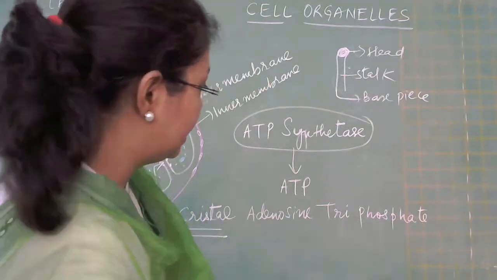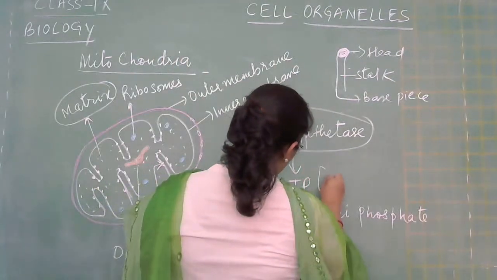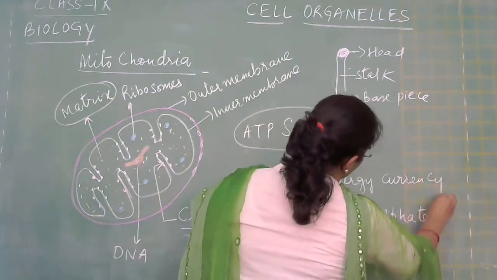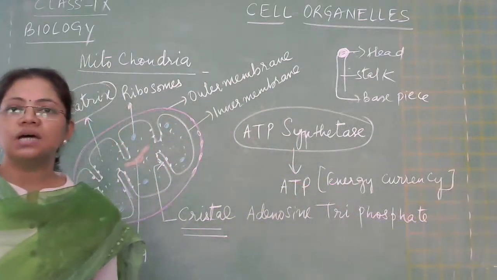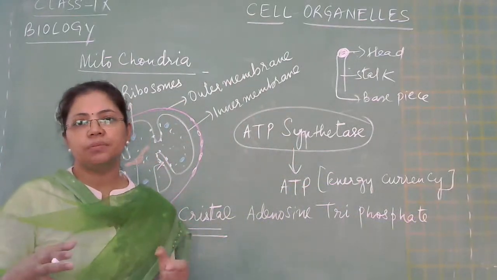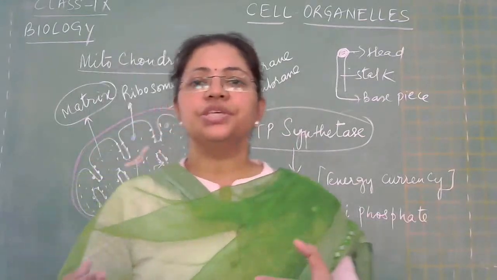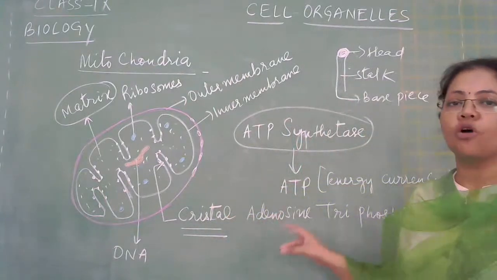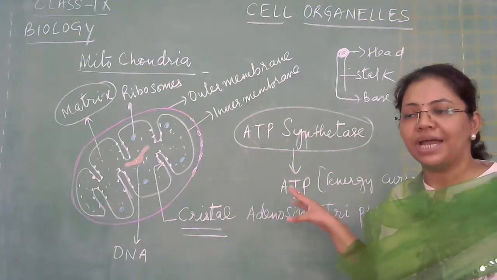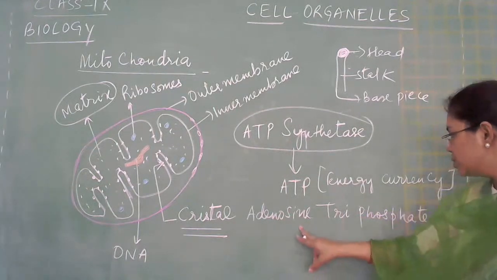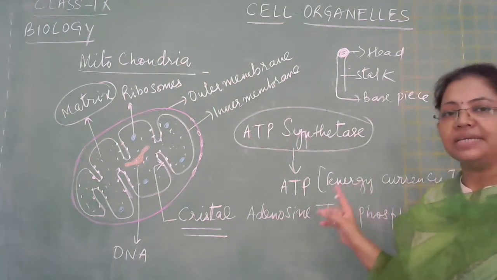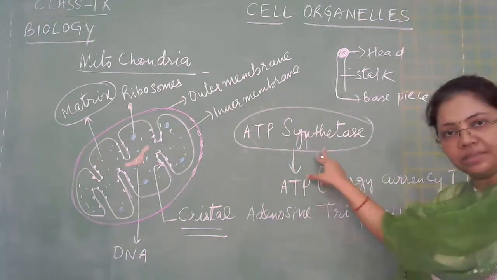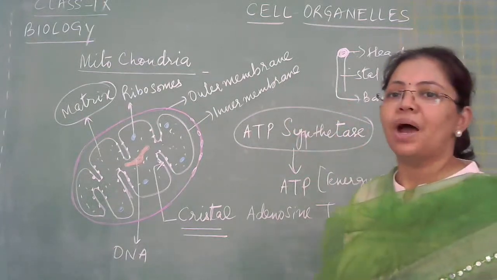So students, ATP is referred to as the energy currency of the cell. Whatever energy is used or produced inside a cell is measured in terms of molecules of ATP, right? So it is known as adenosine triphosphate, and these ATPs are produced by the enzyme called ATP synthetase, which is present inside the mitochondria.